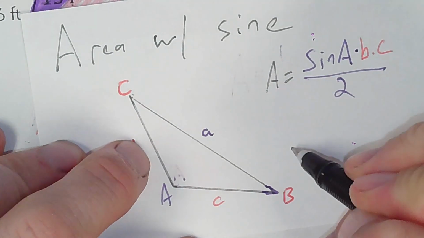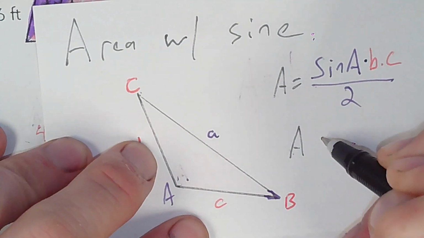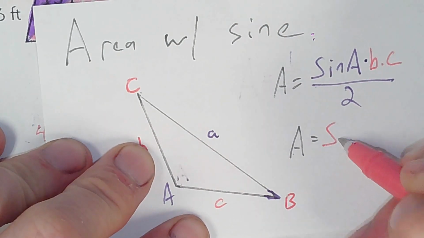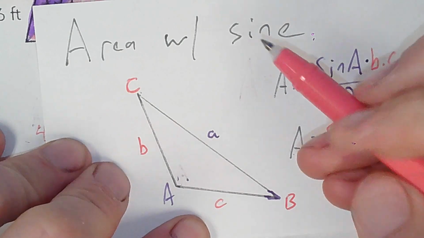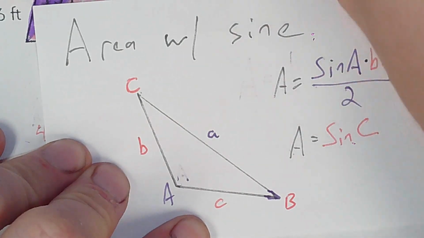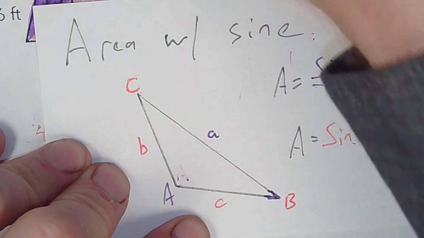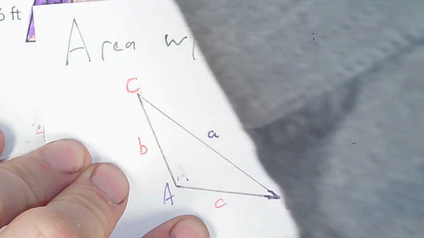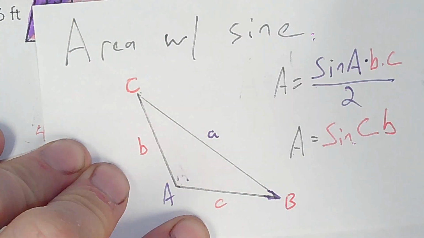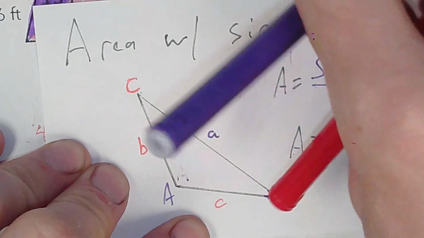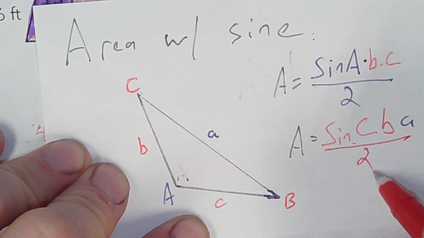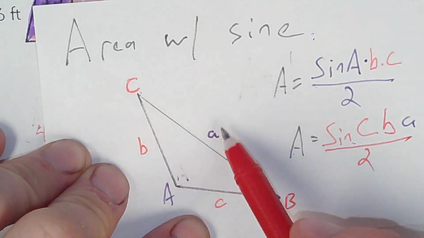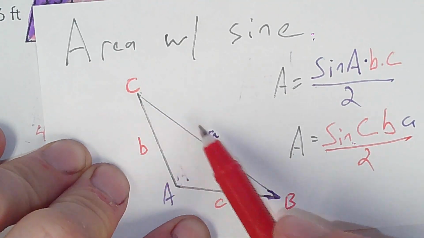Okay, or I could say that the area equals the sine of C times B and A, divided by 2. So it's this angle sandwiched between these two lengths.